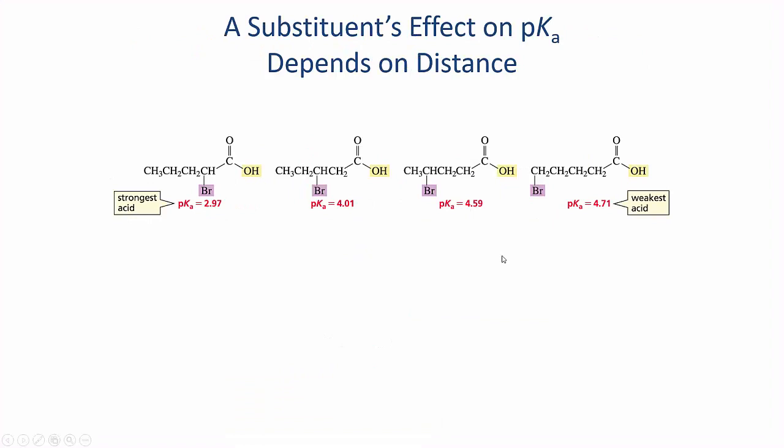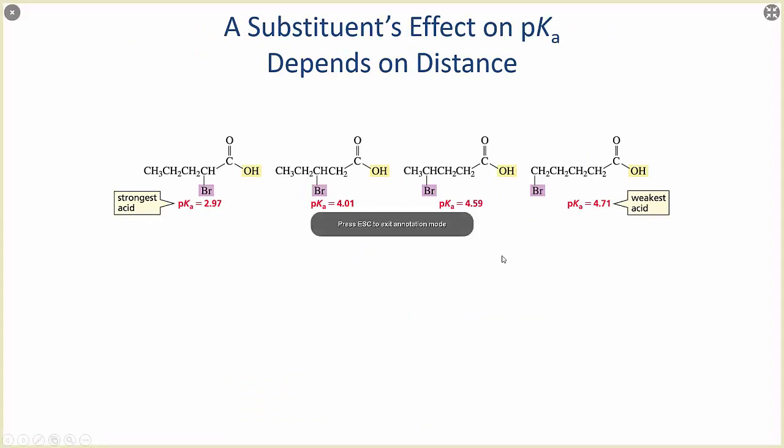Well, there's a distance effect that this is related to as well. So here's a series of structures in which all they did was take the bromine from being next to it, which gives 2.97, and then move it further and further away. And what you'll notice is this is 2.97, this is 4, this is 4.59, and this is 4.71.